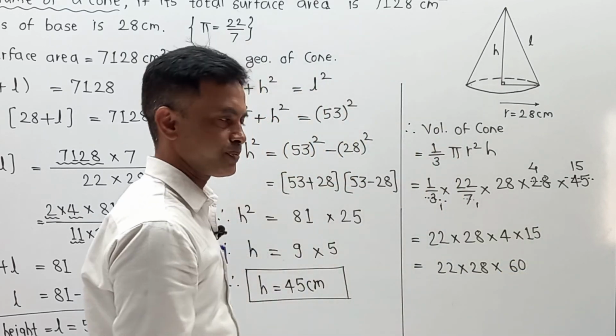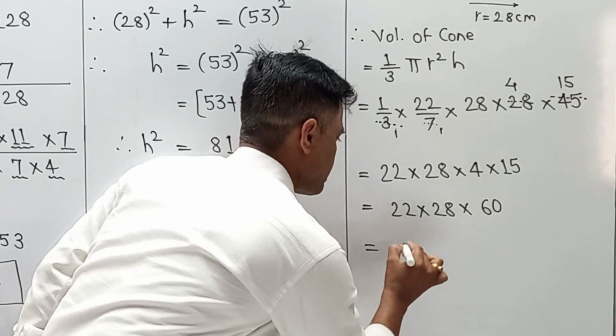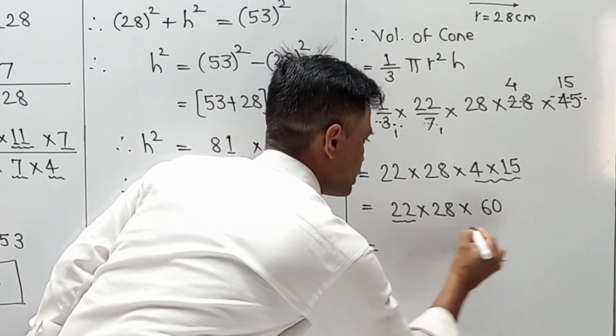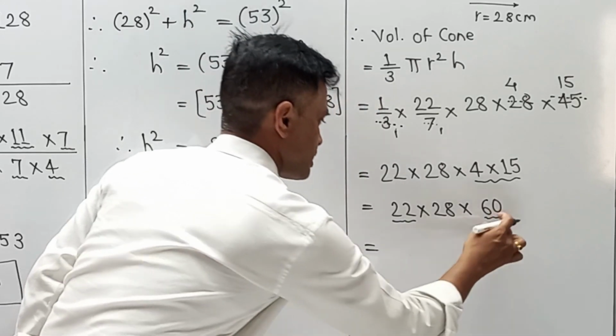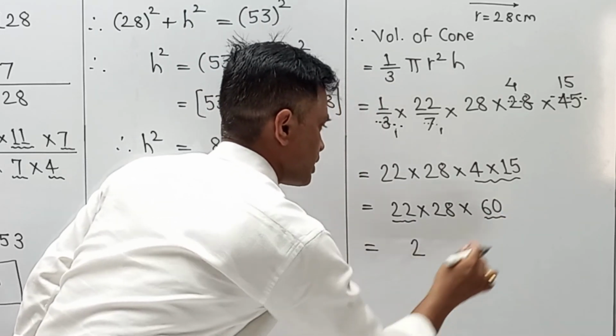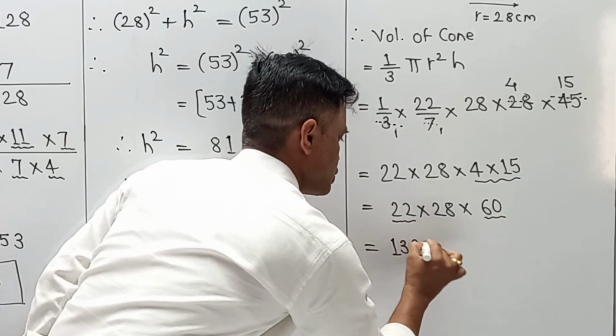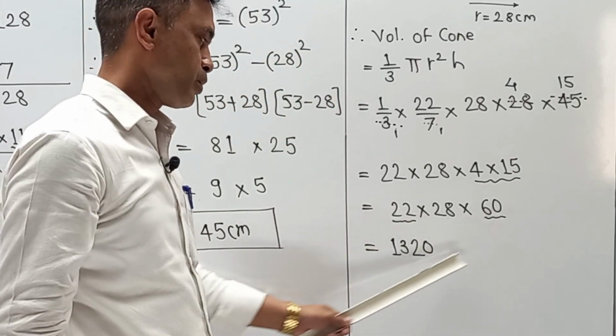That is the first step. Next I am going to take the first product 4 into 15, then I am going to multiply 22 by 60. 6 into 2 is 12, carry 1, 6 into 2 is 12 plus 1, 13, means 1320. This is the product of 22 into 60.